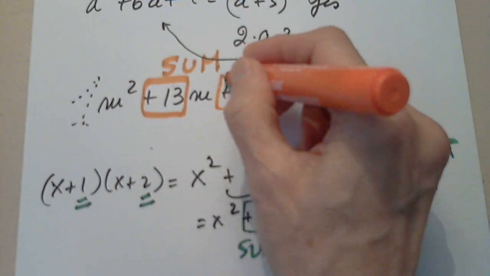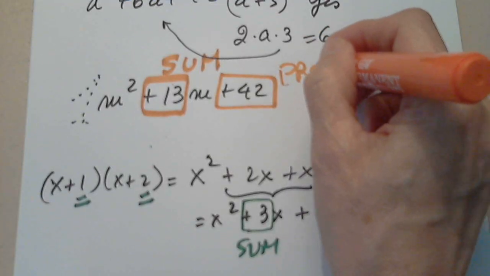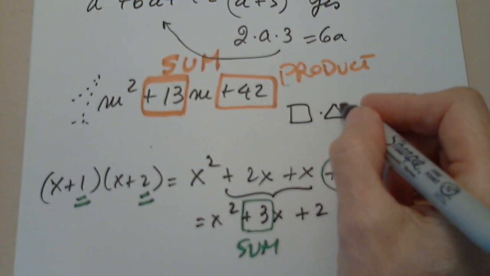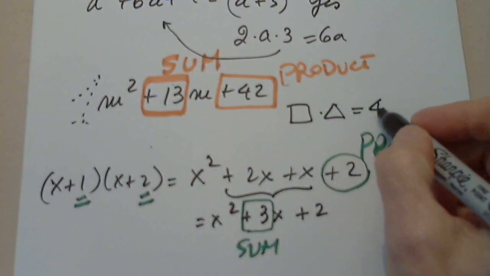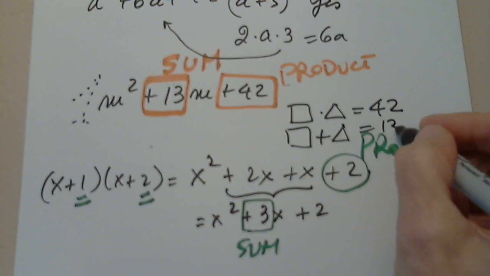And this number with the sign in front, that's why I took the signs in there, is the product. So what I'm saying to you is the following. We need to find two numbers whose product is 42 and whose sum is 13.